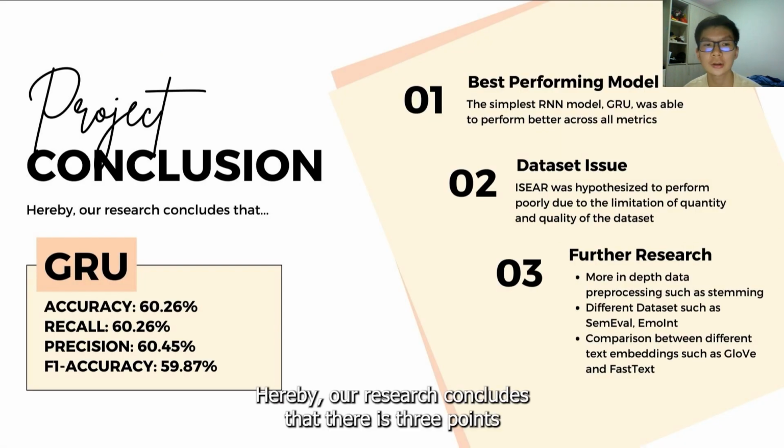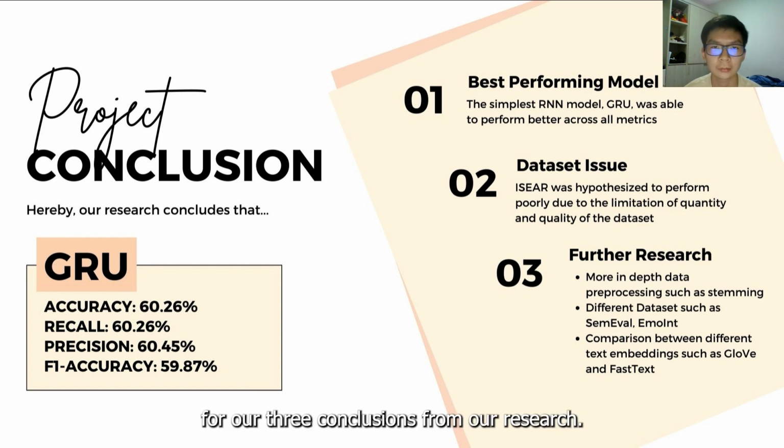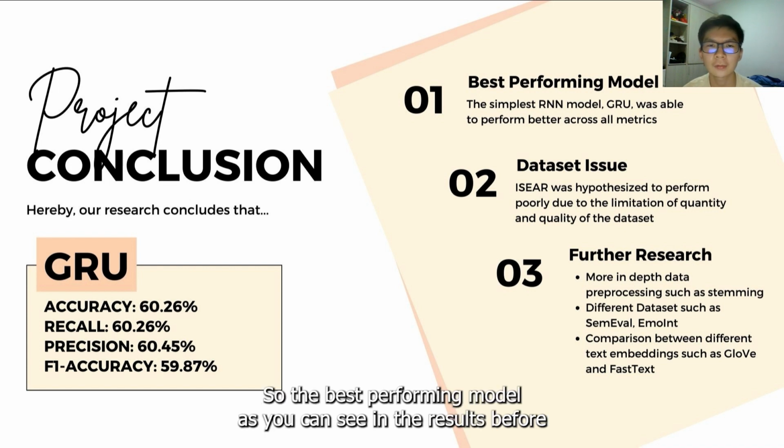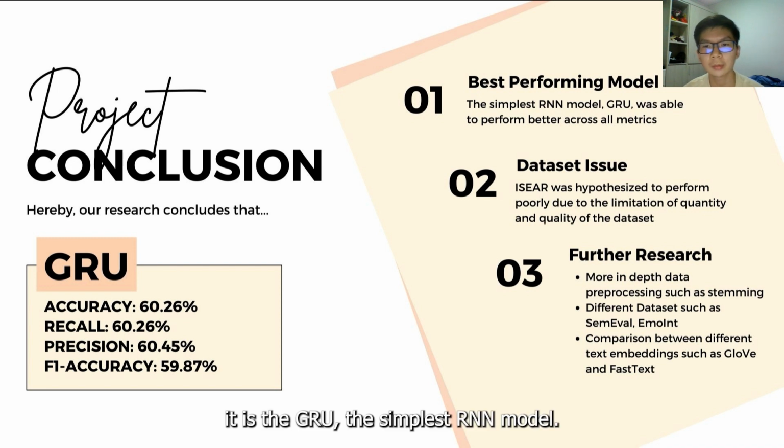Okay, now we're going to talk about the conclusion. Our research has three conclusions. The first one is the best performing model. As you can see in the results before, it is the GRU, the simplest RNN model.